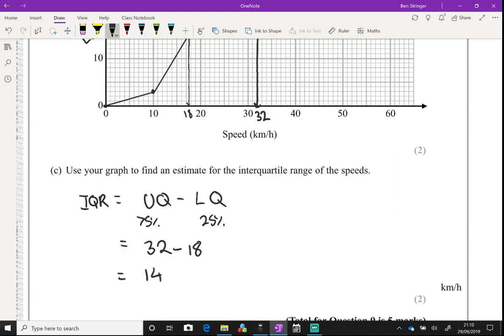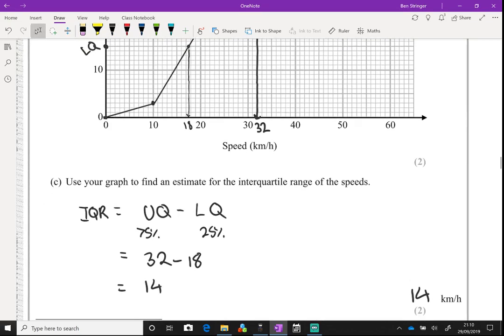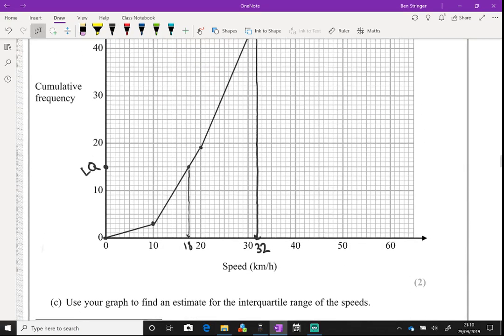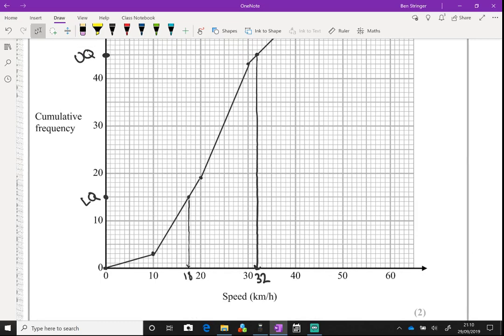It's 14. So 50% of the data there has a difference of 14 in the speed.